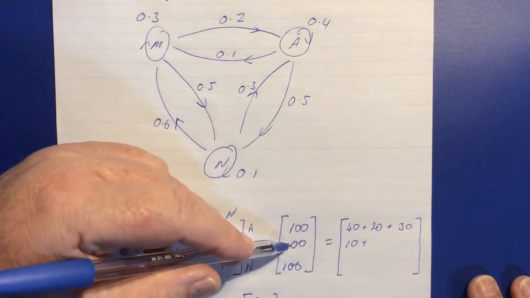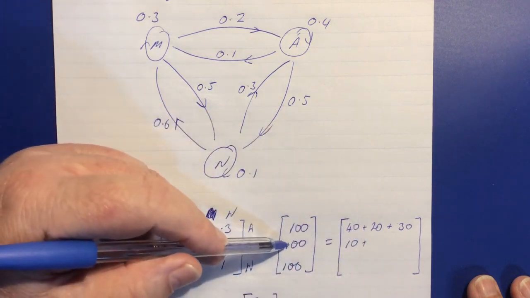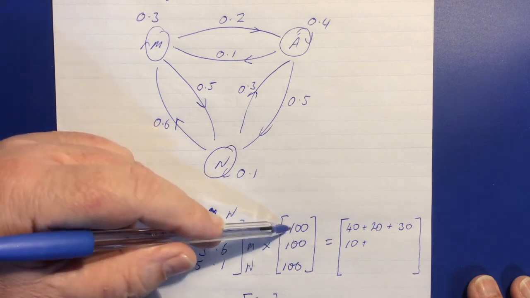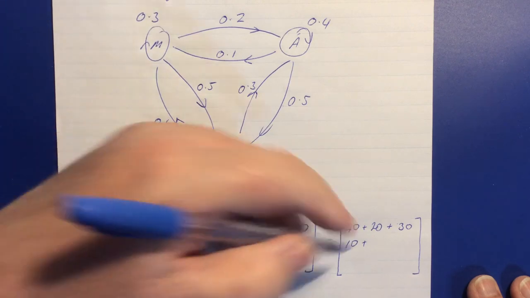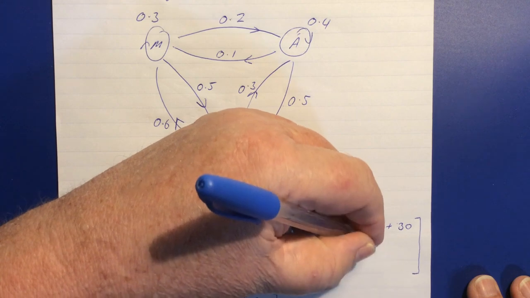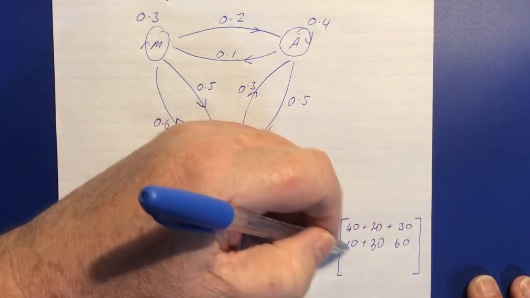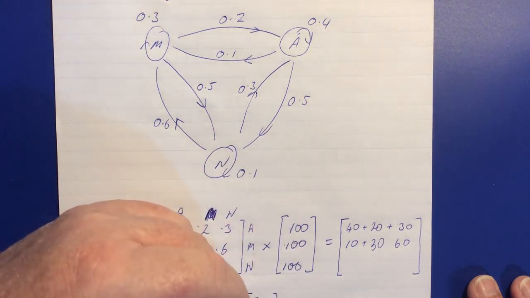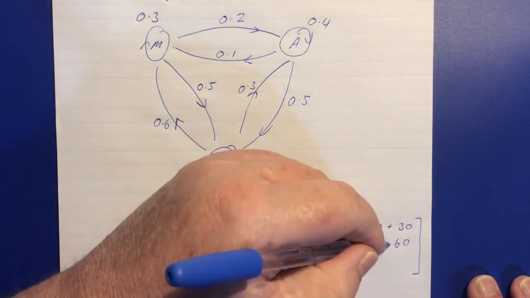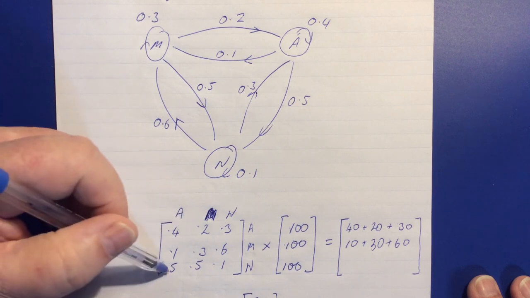Did I point to this one first of all? It should be 0.1 times 100. 0.3 times 100 is 30. 0.6 times 100 is 60. That gives us 100: 60 plus 30 plus 10.